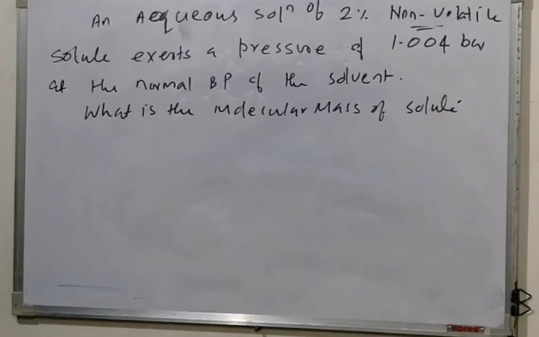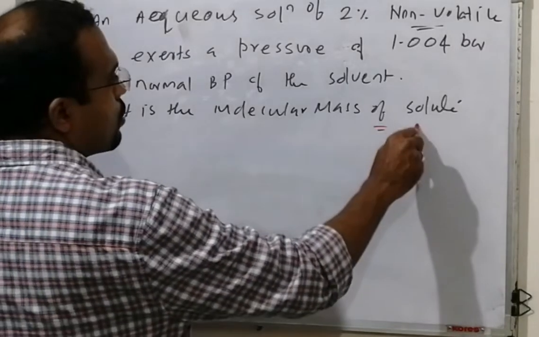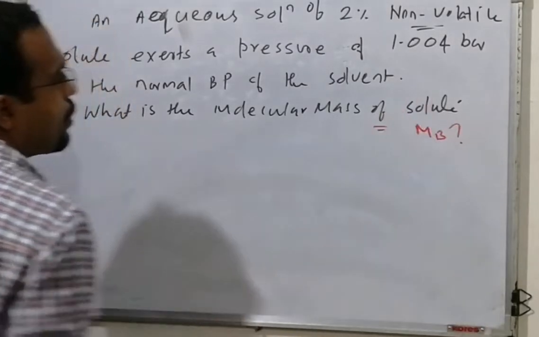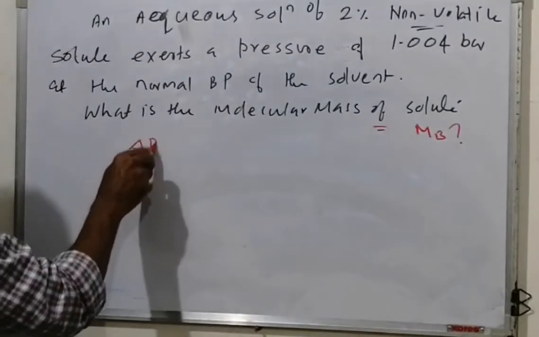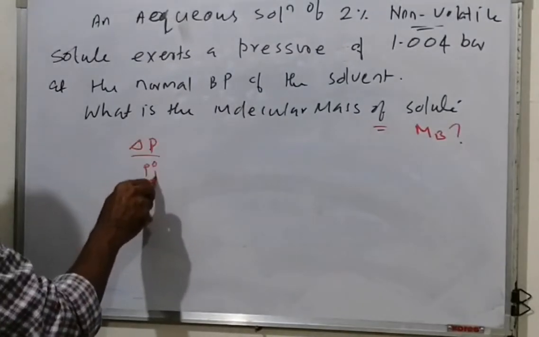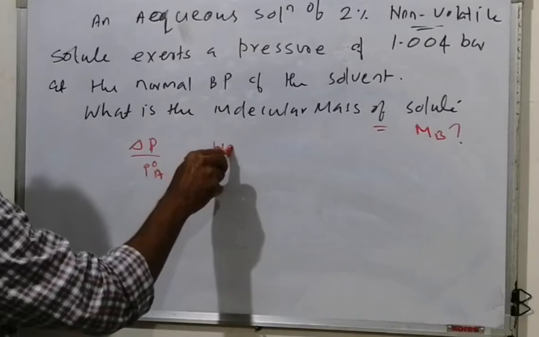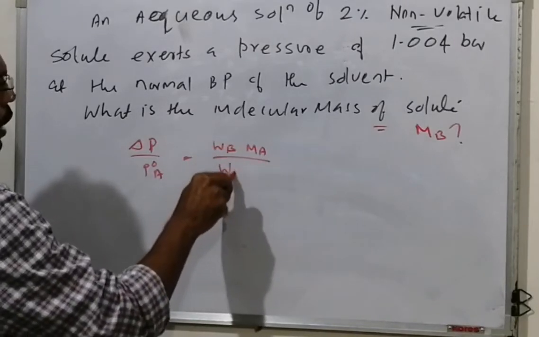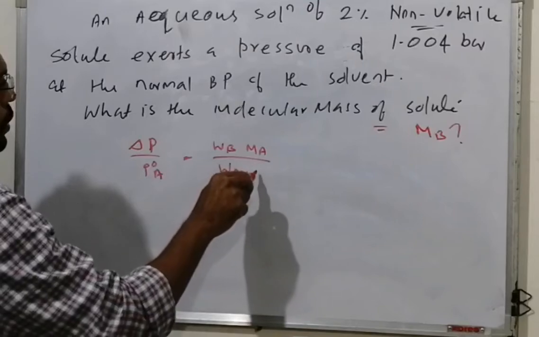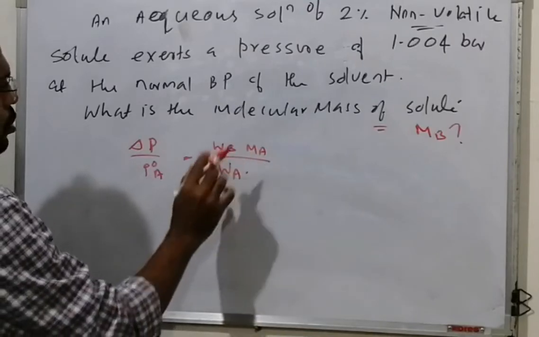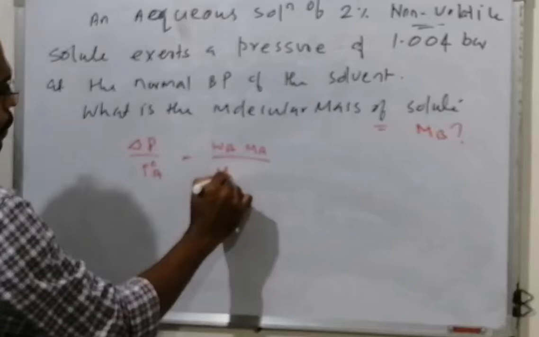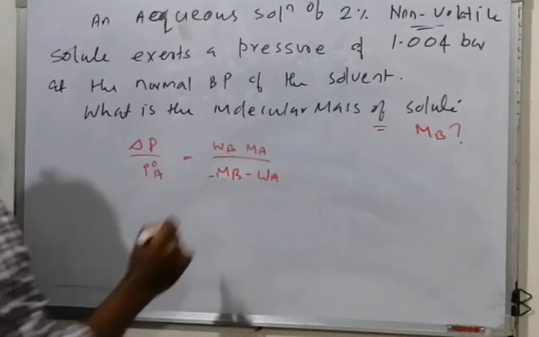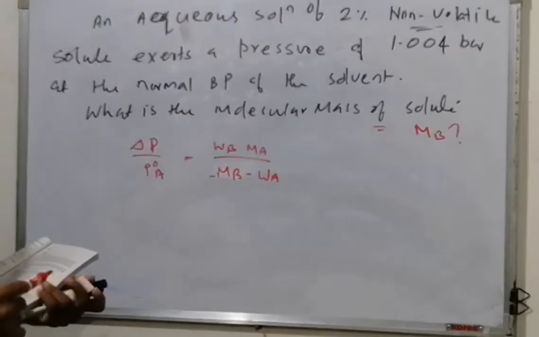We want to calculate the molecular mass of the solute, that is MB. Therefore, our equation is delta P divided by P0A equals WB into MA divided by MB into WA. This is our equation.